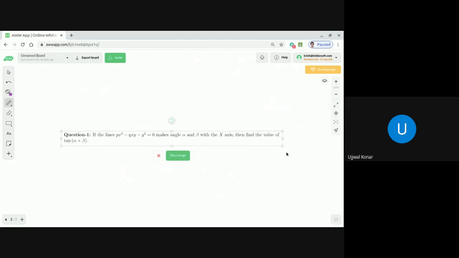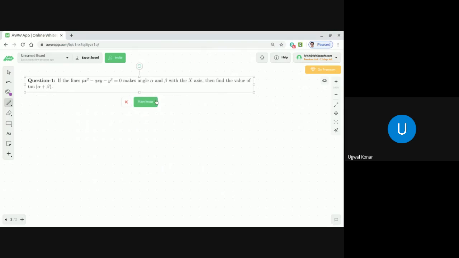Here goes the question: if the lines px square minus qxy minus y square equal to 0 make angles alpha and beta with the x-axis, then find the value of tan (alpha plus beta).